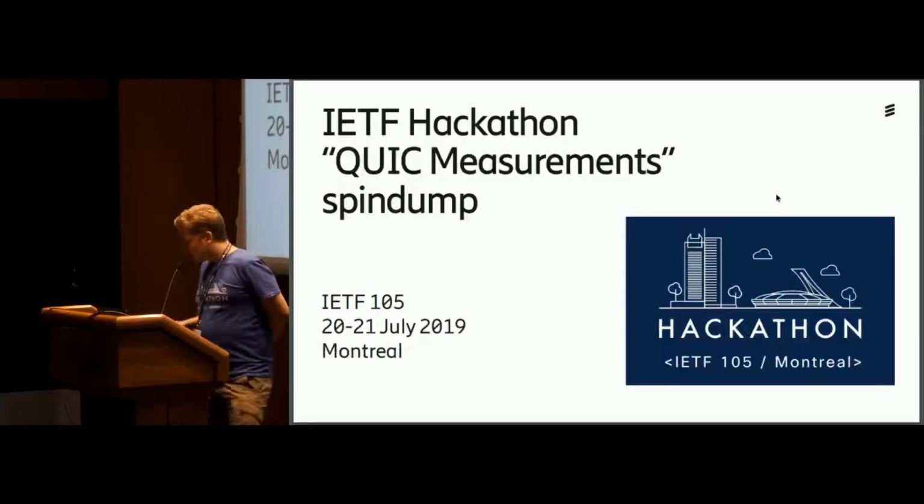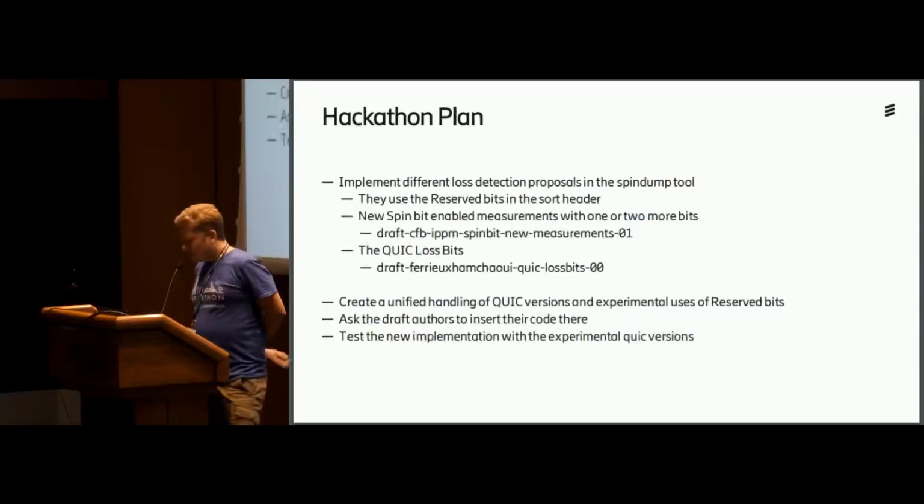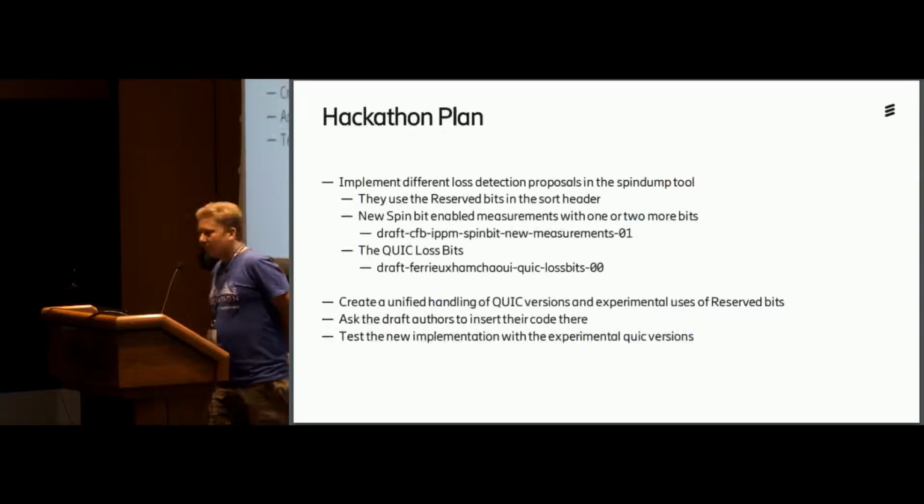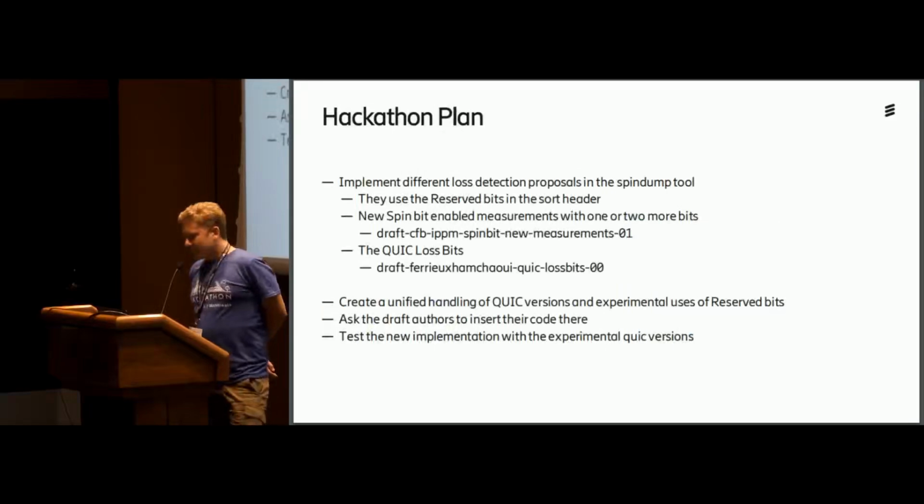Okay, so here's the presentation of the QUIC measurements table and our project we call Spin Dump. So we've been working for a couple of IETFs on this Spin Dump tool. It's a network latency measurement tool, basically, that looks at QUIC and other protocols. Today we had some ideas of implementing some experimental proposals for measuring packet loss.